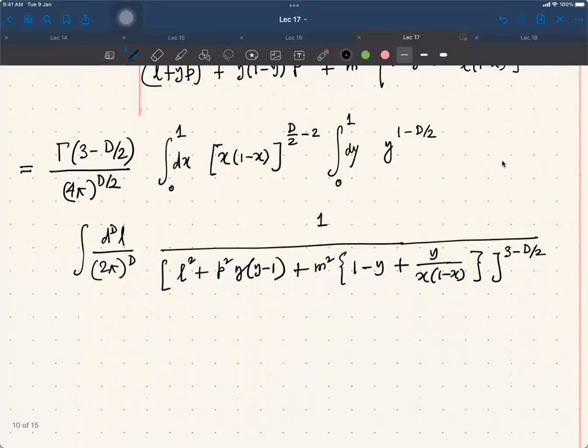Using the same procedure that I discussed for the calculation of Kp, you can show this result.